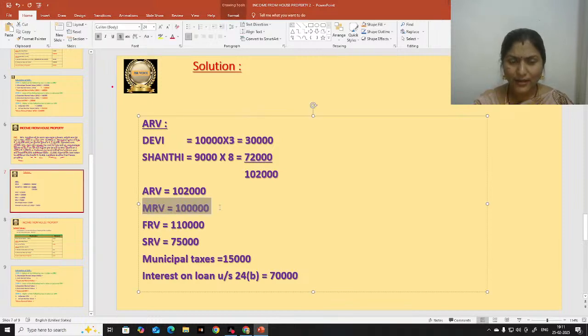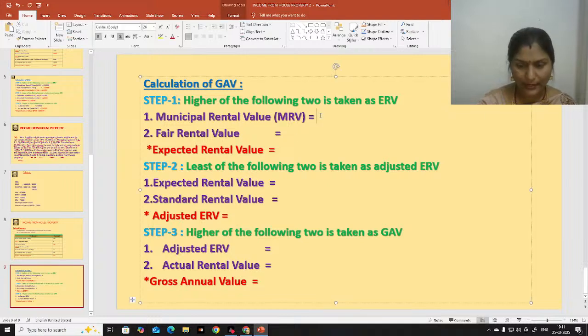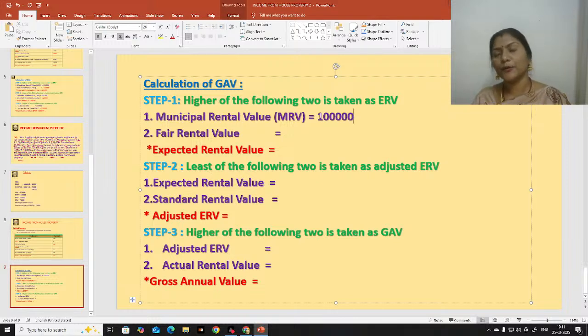Let us see what our MRV is. MRV is 1 lakh. Let us take 1 lakh rupees in the place of MRV. So here we have taken 1 lakh in the place of MRV, municipal rental value.